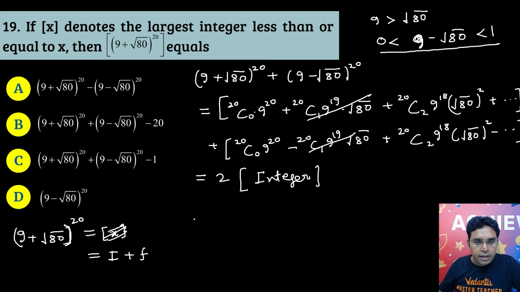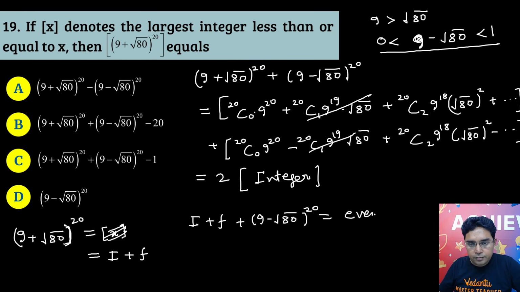So what we can say, then this I plus f plus this 9 minus root 80 raised to the power 20 will become even integer. Here this f, that is fractional part, is from 0 to 1 and this is also between 0 to 1, strictly within 0 to 1.